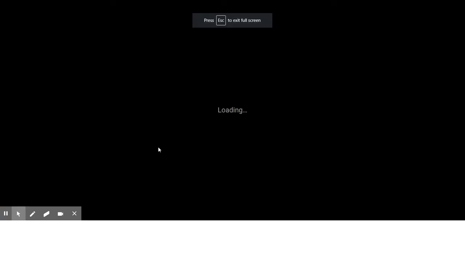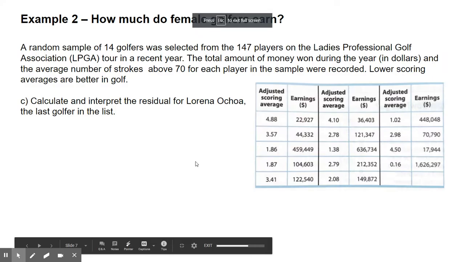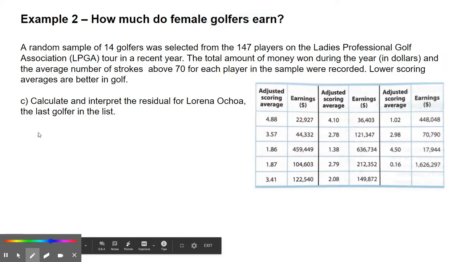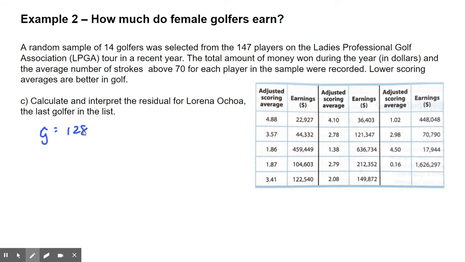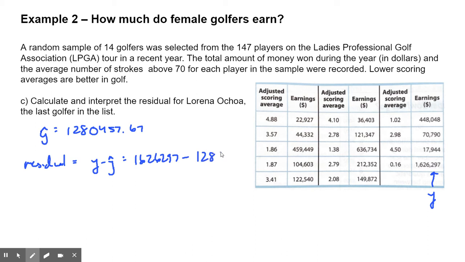Okay, so we just calculated our y hat to be 1280457.67, and we're comparing it to this y. The residual is always y minus y hat. So that's 1626297 minus 1280457.67.